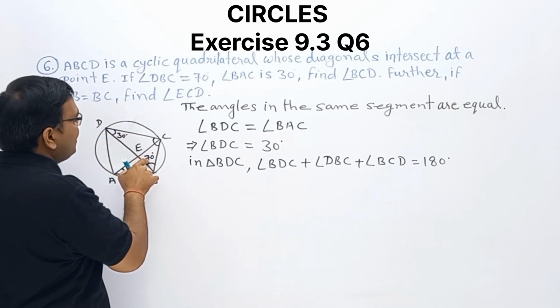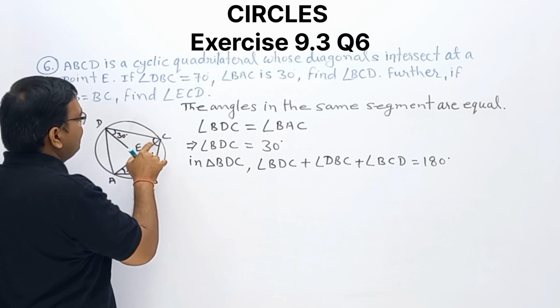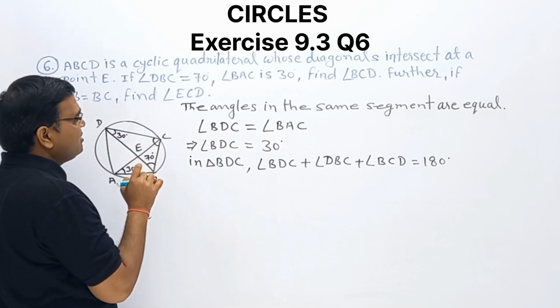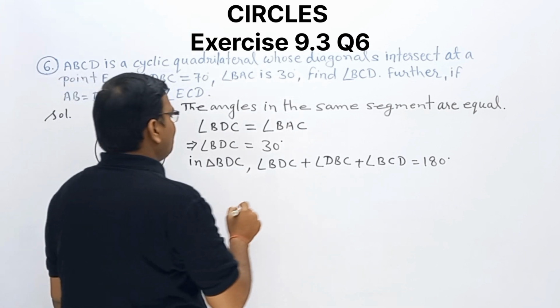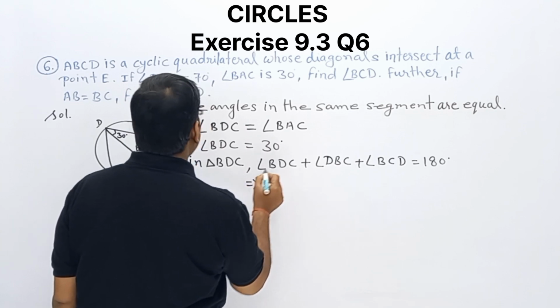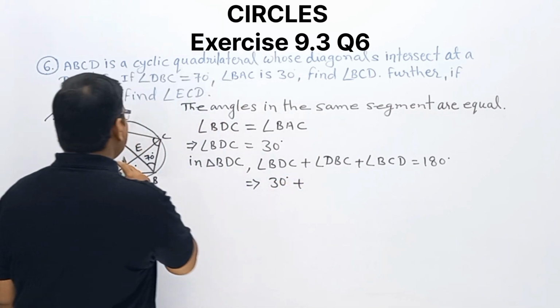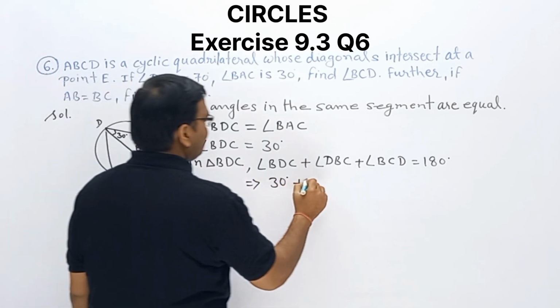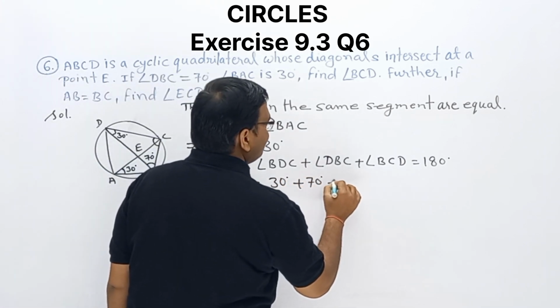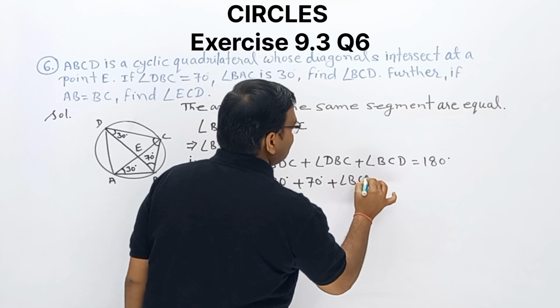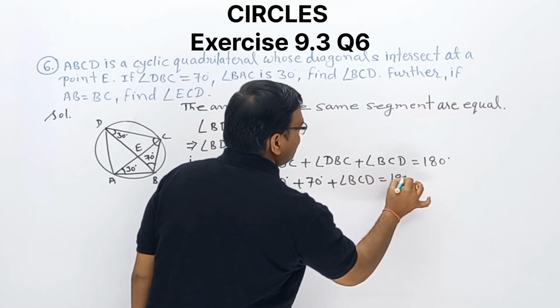These two angles we have for this triangle, and this one is the required one. So putting the values, angle BDC is 30 degree plus angle DBC, given in the question as 70 degree, plus angle BCD we want, equals 180.